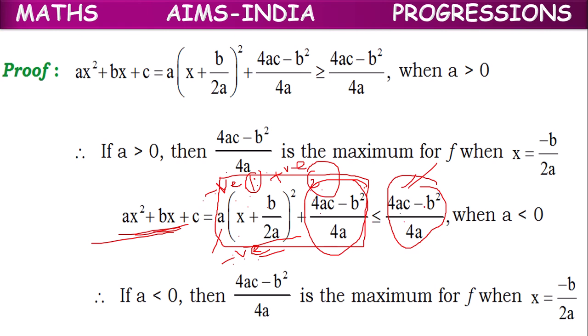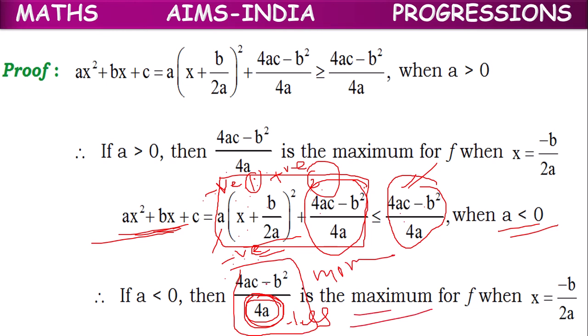Okay. Now, if a is negative, the value in the denominator will become less. If the numerator is divided by a smaller denominator, then the total fraction value will be more, or maximum.